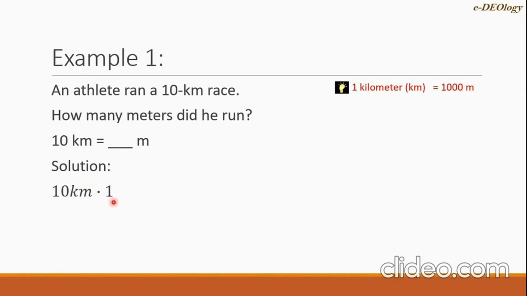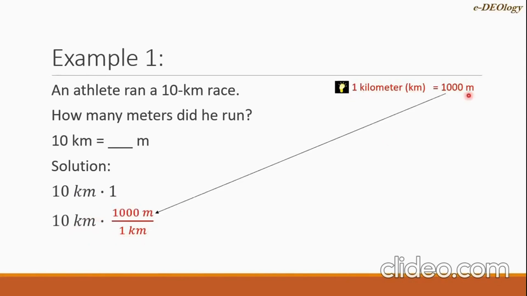So this one value here we need to show as a fraction. And since I want to delete the km unit, I should write this left side, the 1 km, to be in the denominator, so that later I can cancel the km here and the km in the denominator. Of course, the 1000 meters should come as numerator.